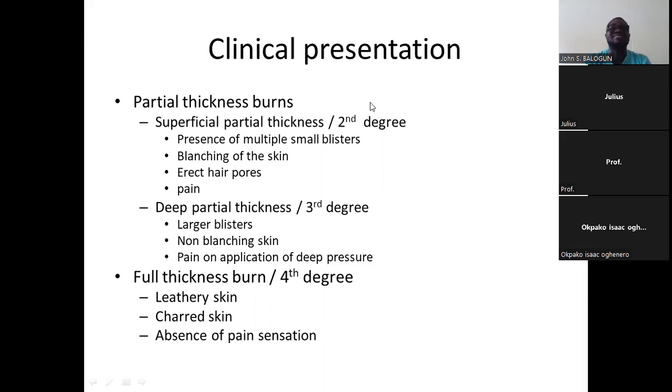Sometimes it can be darkish, especially when you involve the digits. Then there's no pain. If you use a blade to cut the patient's skin, you won't feel pain. So that's classical of the various degrees of burn. That's for the classification of burn.